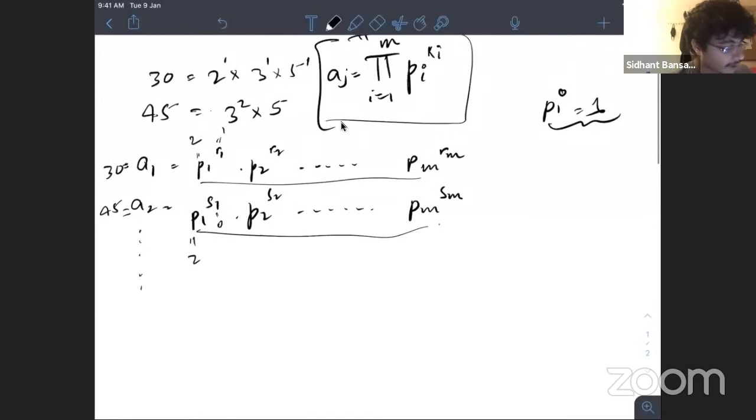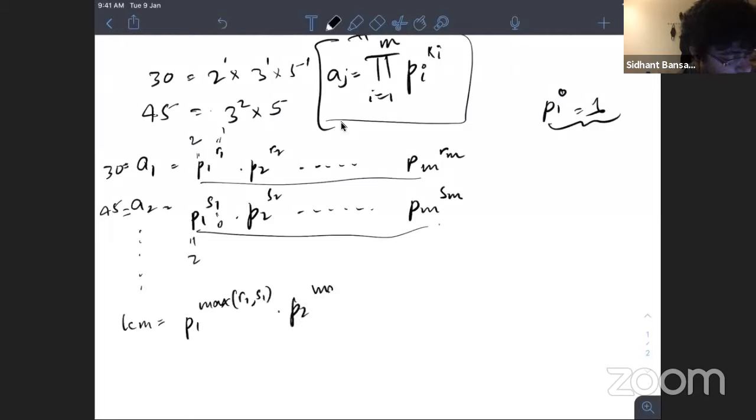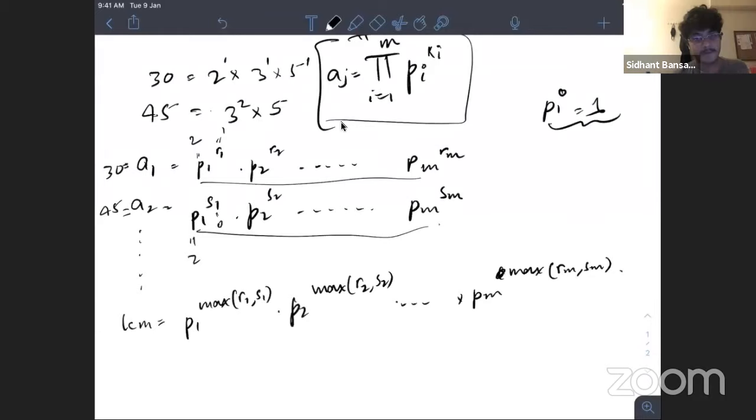Now the LCM comes out to be pretty obvious after you see this, which is basically saying P1 to the max of R1 comma S1 times P2 to the max of R2 comma S2, and so on, up to PM to the max of RM comma SM. Okay.